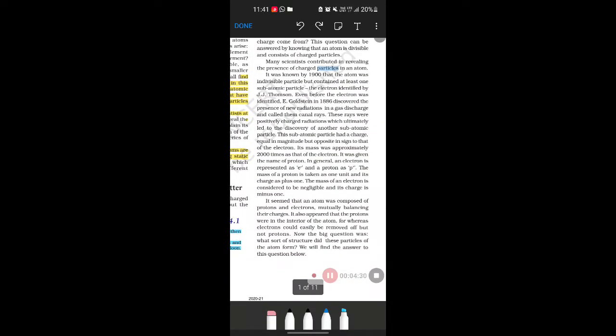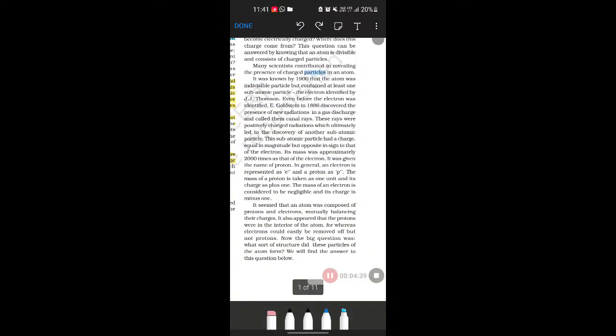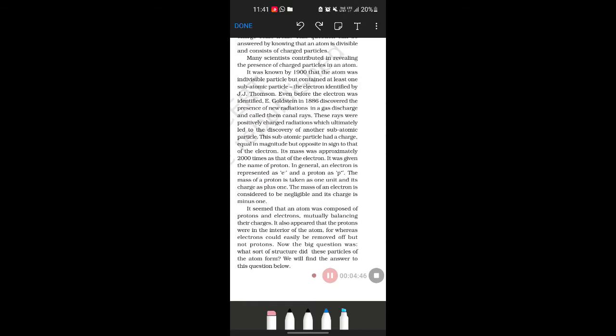It was known by 1900 that the atom was not an indivisible particle but contained at least one subatomic particle, the electron, identified by J.J. Thomson.